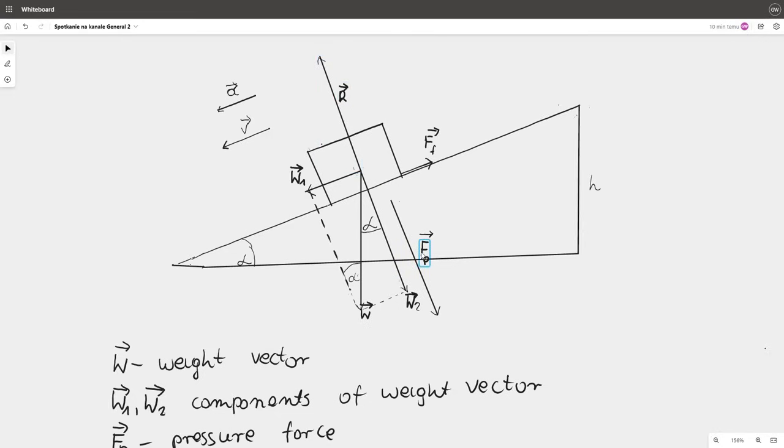Here and here. So, all three vectors, component W2, normal force R, and pressure force Fp, have the same magnitude.